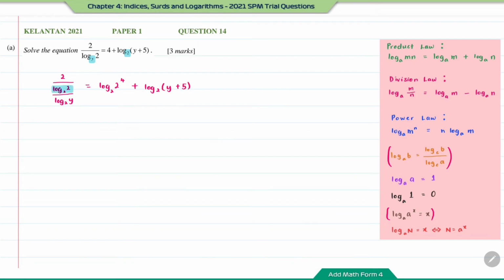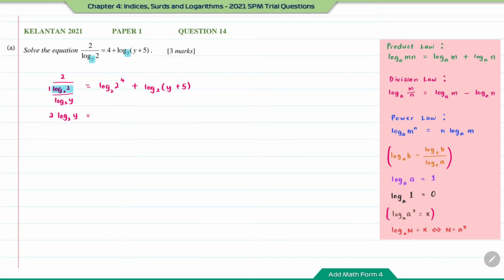So this will give you the answer of 1. So on the left hand side, it's going to be 2 divided by 1 over log base 2 of y. So this is the same as 2 times log base 2 of y. So on the left hand side, I'm going to write it as 2 times log base 2 of y here.